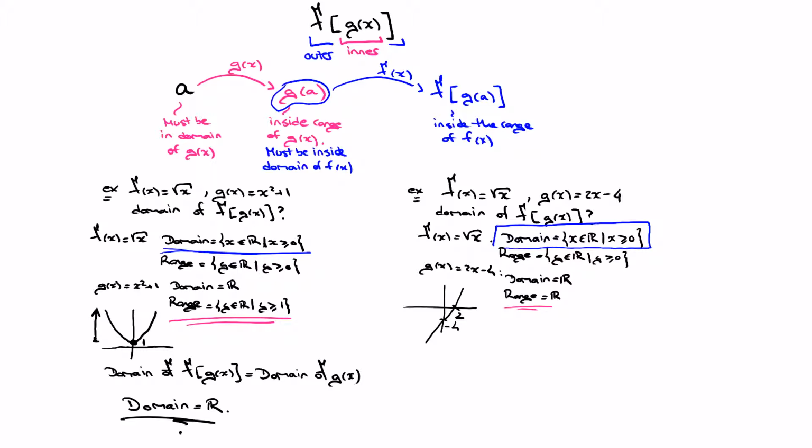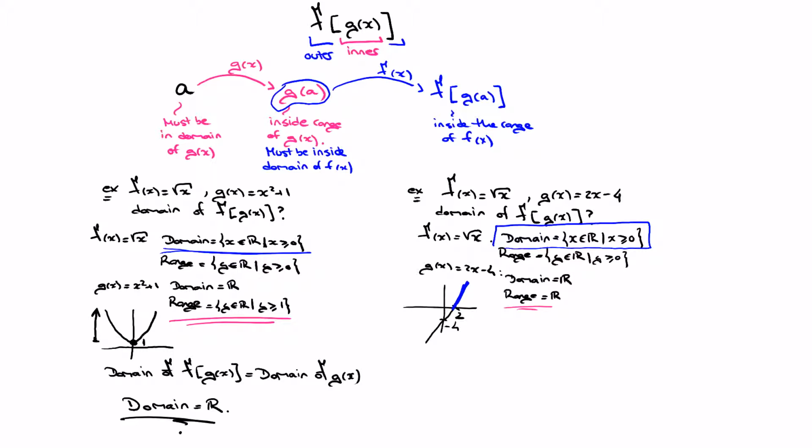And indeed, just looking at this function's curve, when we look at y equals 2x minus 4, we can see that the y-coordinates of this line are only positive for x values greater than 2. So we need to be careful here. We need to make sure that we only consider g of x when it's greater than or equal to 0.